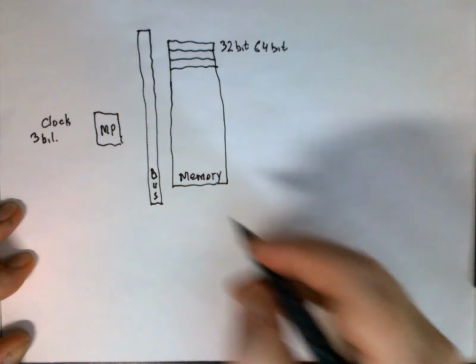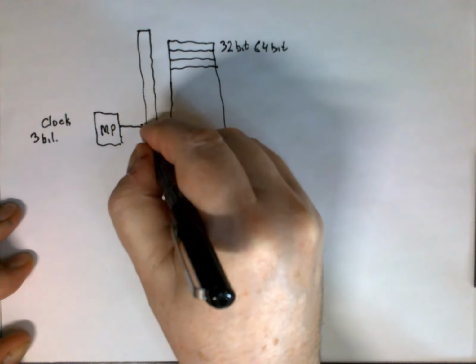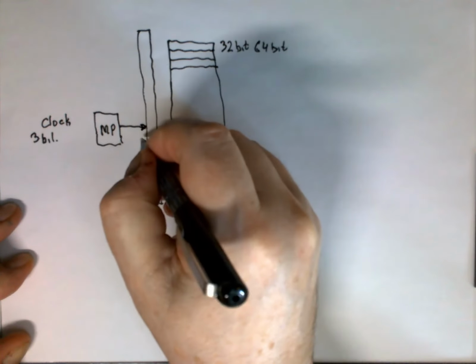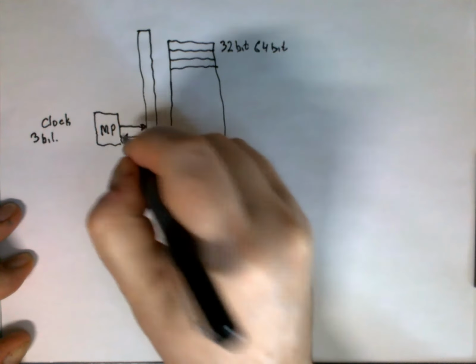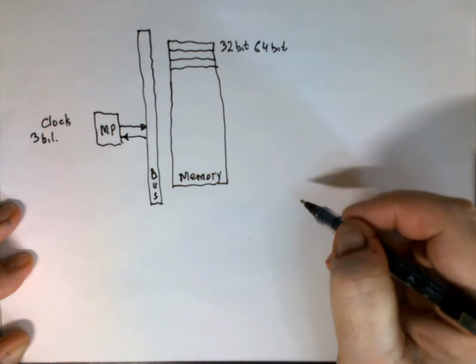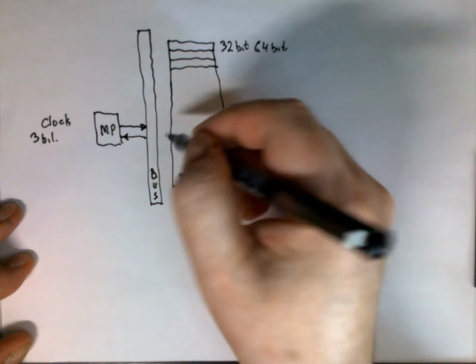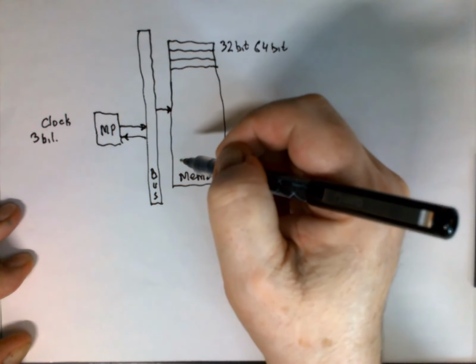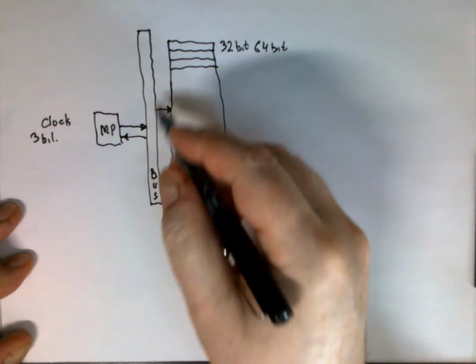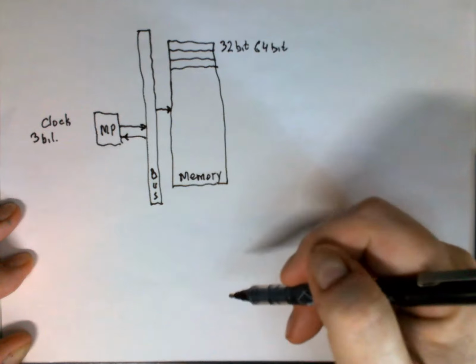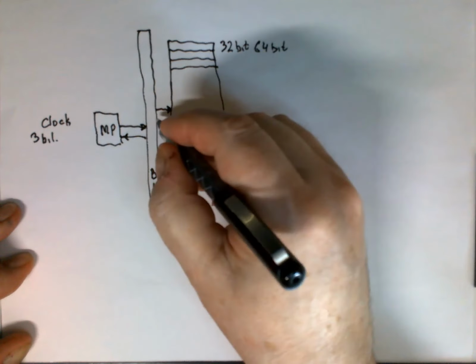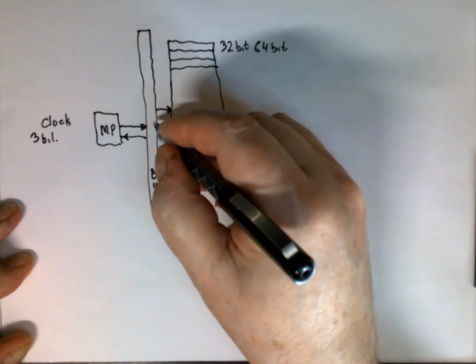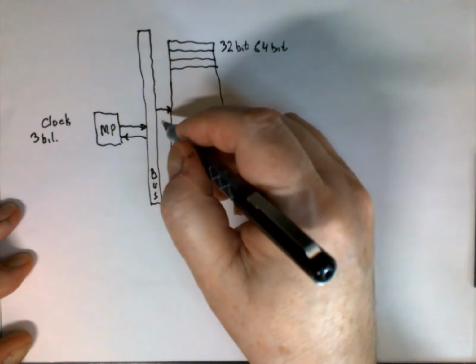How it works: the microprocessor requests the bus to work with it. The bus responds that it is ready. Then the microprocessor asks the bus, can you ask memory cell number 5 to be ready to give me information? Then the bus asks memory, in electronic form, can you prepare cell number 5 for giving information to the microprocessor?